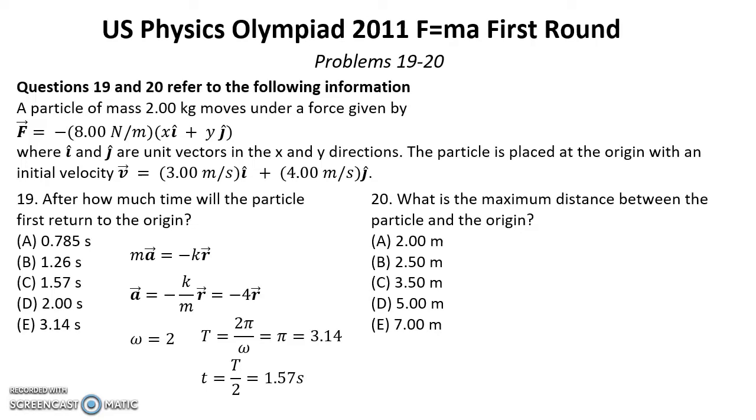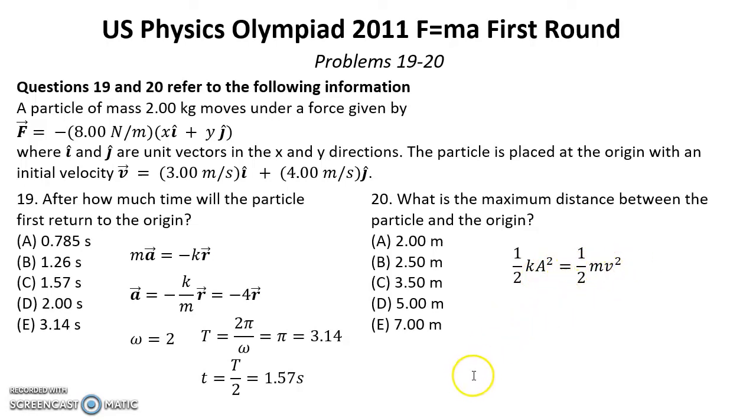In the origin, the total energy is the kinetic energy of this particle, which is 1/2 mv square, and for the maximum distance we have potential energy equal 1/2 k r square. So let's write this equation. This is our energy equation: 1/2 k a square equal 1/2 mv square.